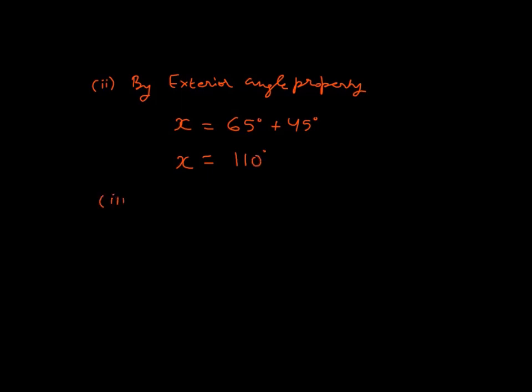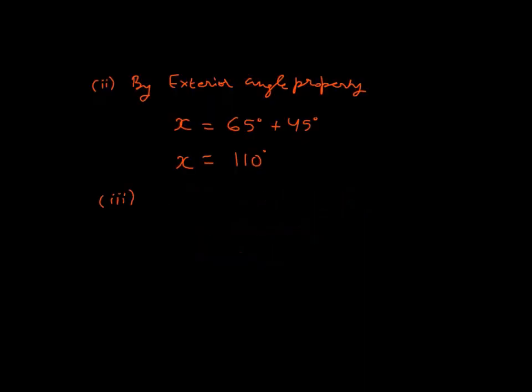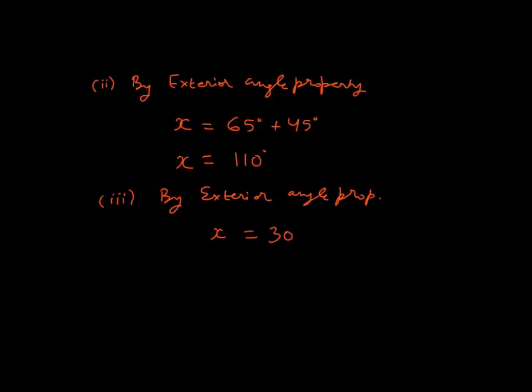In the same way, for third part, the exterior angle X can be found by adding these two angles, the interior opposite angles 30 degree and 40 degree. So by exterior angle property, we will be writing X is equal to 30 degree plus 40 degree. So the unknown angle X here is 70 degree.